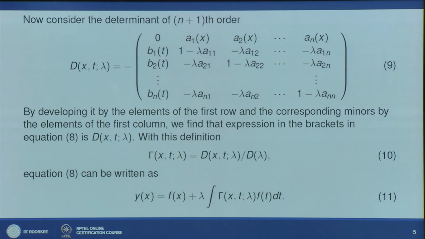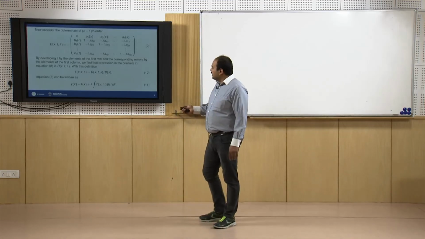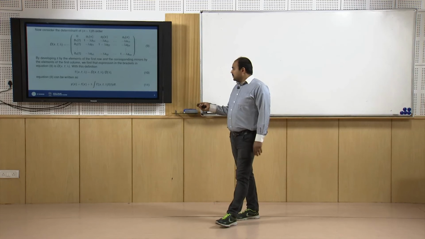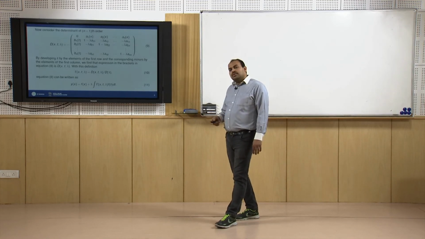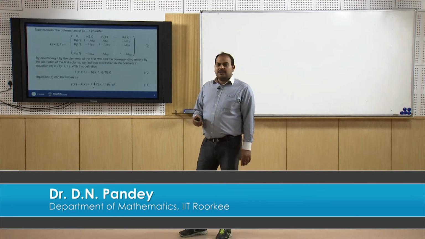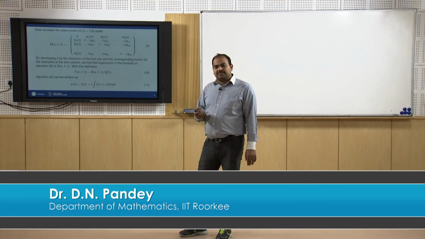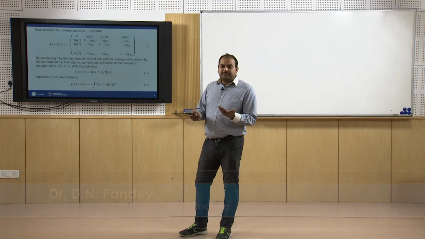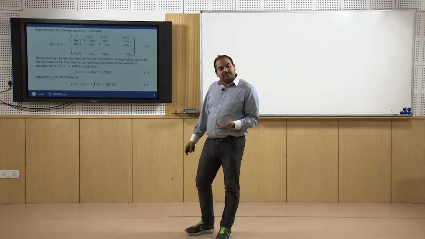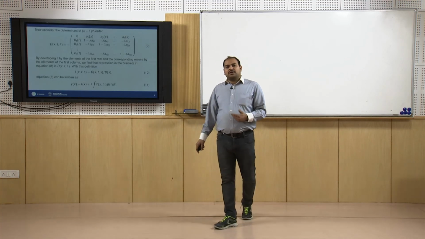Now please remember here I am dividing by D(λ), so I am assuming that D(λ) is never 0. So this expression 11 is true for all those λ for which D(λ) is non-zero. Now what happens when D(λ) is 0? It may happen that λ is a root of D(λ), or you can say that λ is an eigenvalue corresponding to D(λ).